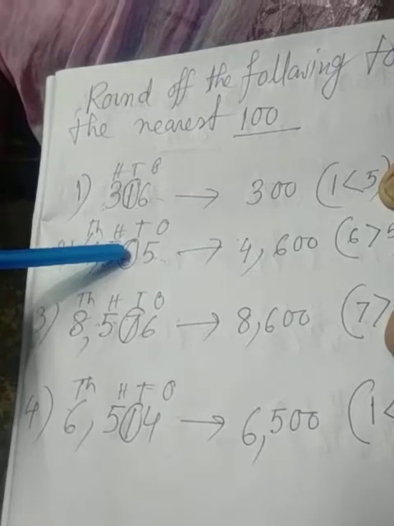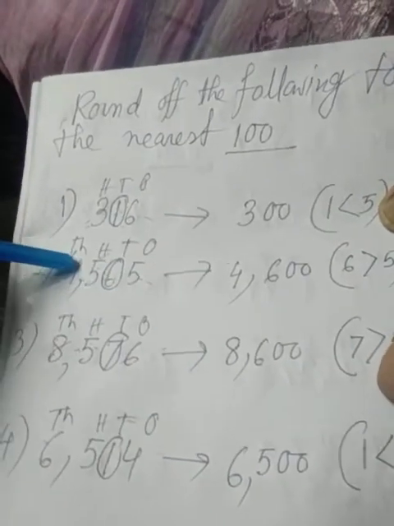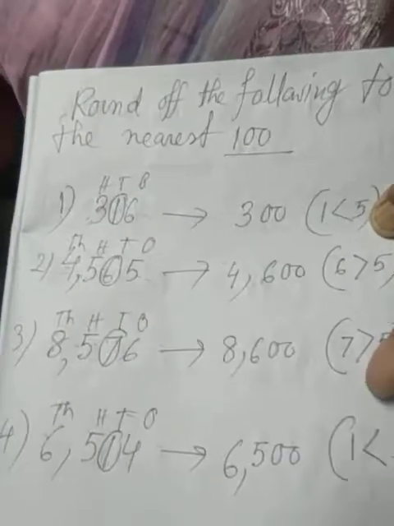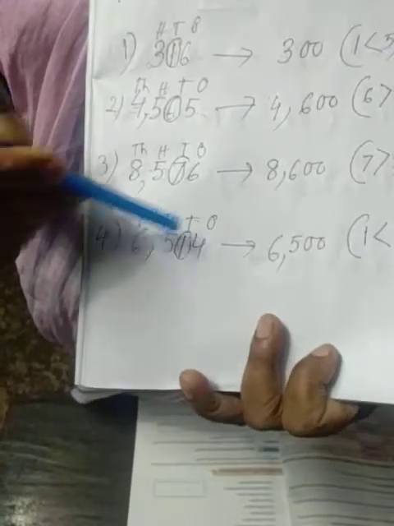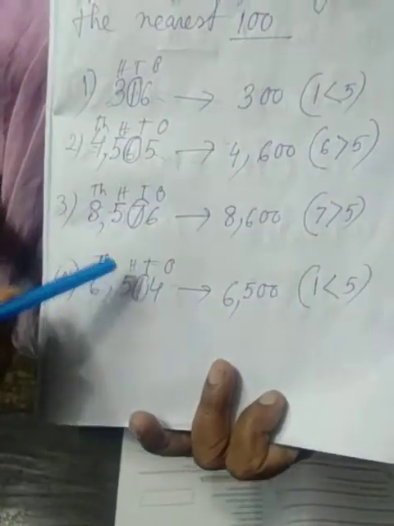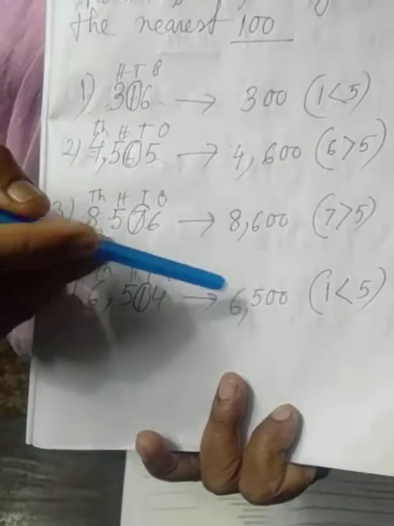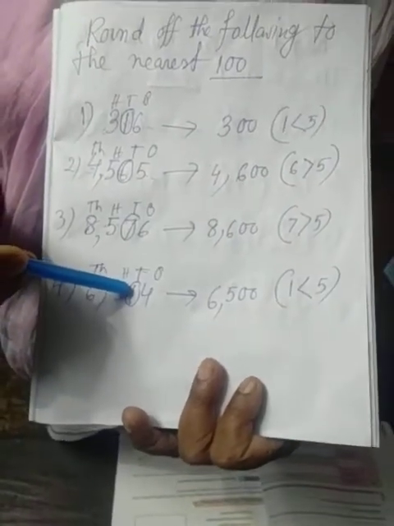Tens place number 6 is greater than 5. So 4,600. 8,576. 7 is greater than 5. So 8,600. 6,514. That is 6,500. 1 is less than 5.